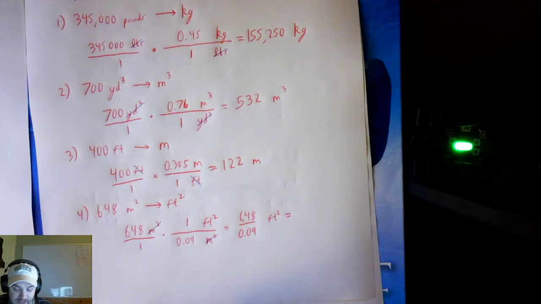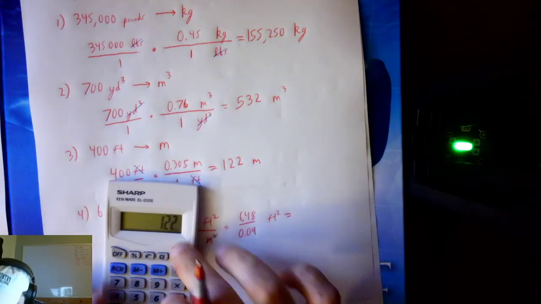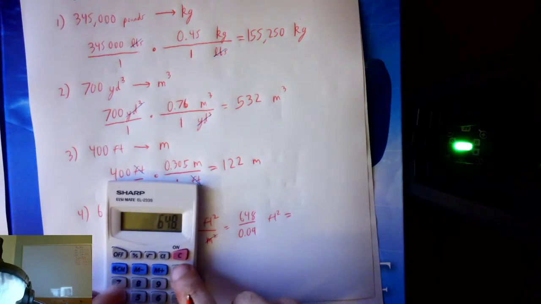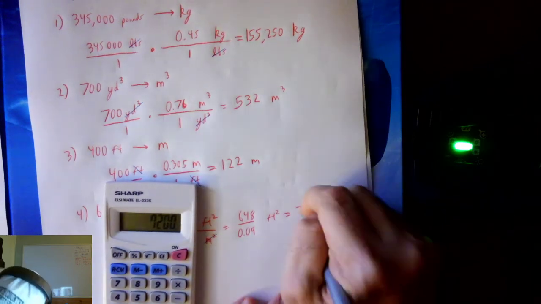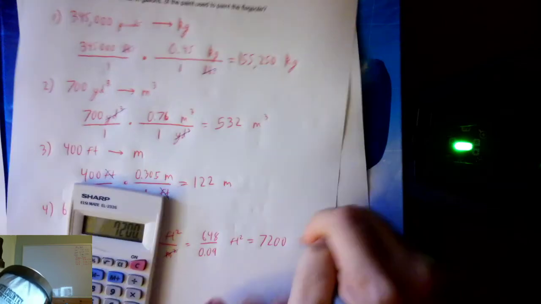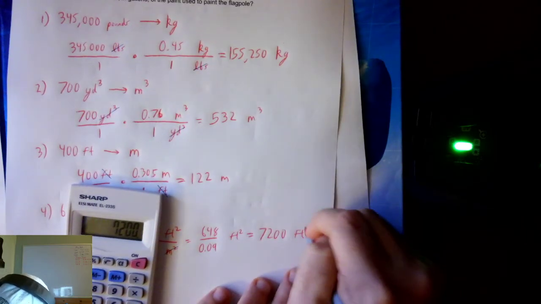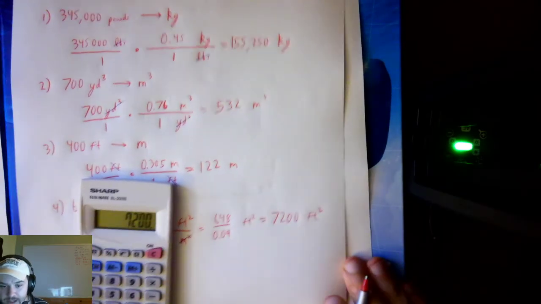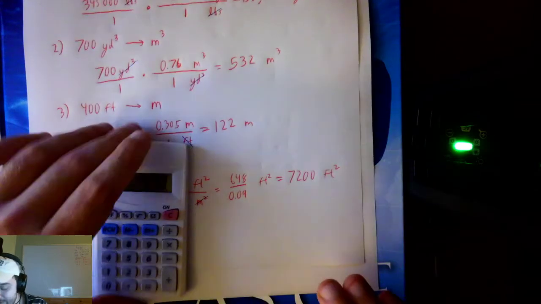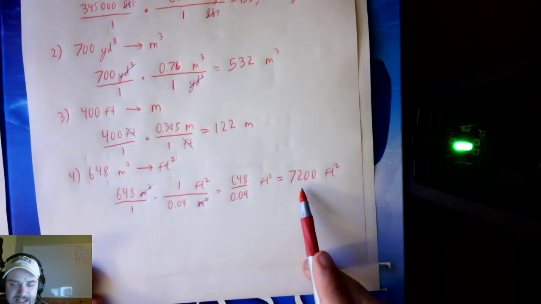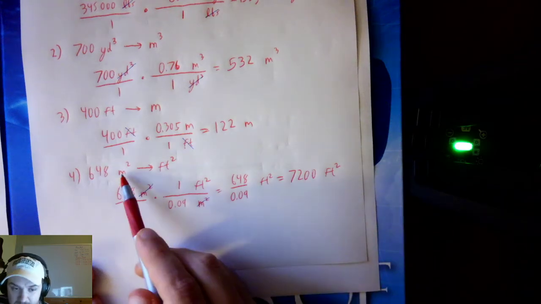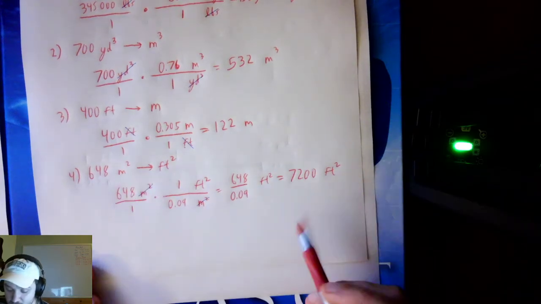So now I need to divide. I'll take my calculator, 648 divided by 0.09 gives me 7,200 square feet. So for number 4, the square footage of the flag is 7,200. It was originally meters squared, now it's in feet squared.